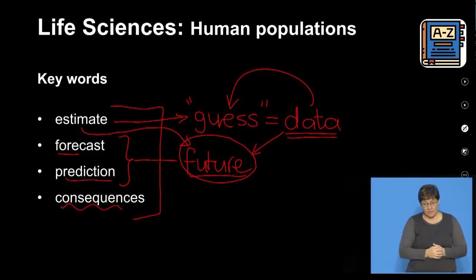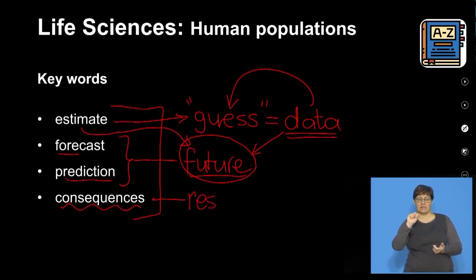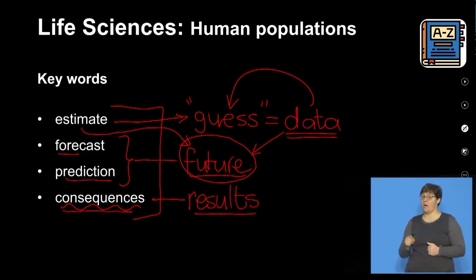Remember that when we look at consequences, we're looking at what is going to happen. We've got certain results that we need to expect. These are consequences that we need to bear in mind if we're going to be able to manage the future.